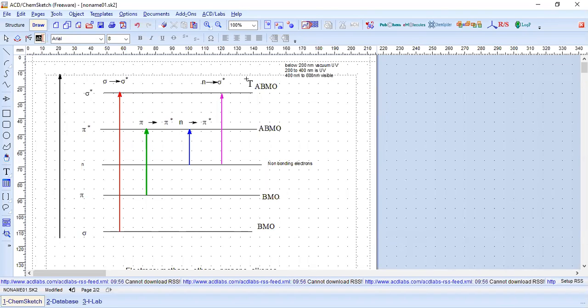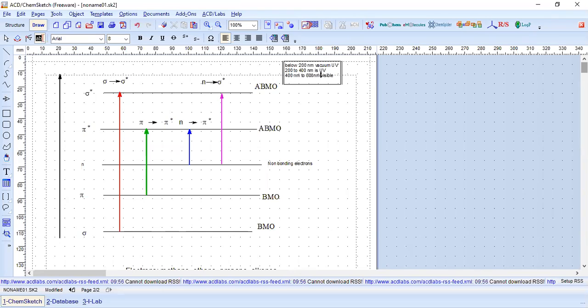Now if we want to study UV visible spectroscopy, what is the range? We have to supply the electromagnetic radiation which is having this wavelength, that is 200 to 800 nanometer. Below 200 means that sigma to sigma star we are not interested, and moreover this is highly energetic and bonds will break. We know the order: gamma ray, X-ray, UV.